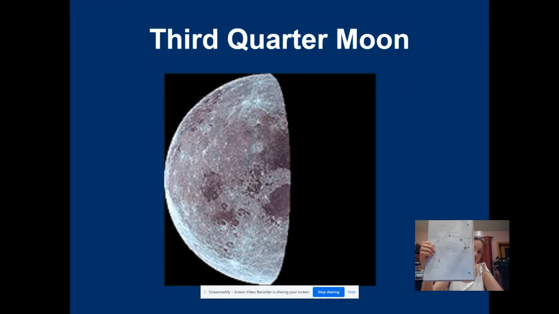Third quarter, also sometimes referred to as the last quarter. Again, keep track as to which side you are shading in. You should only be shading in the right side.